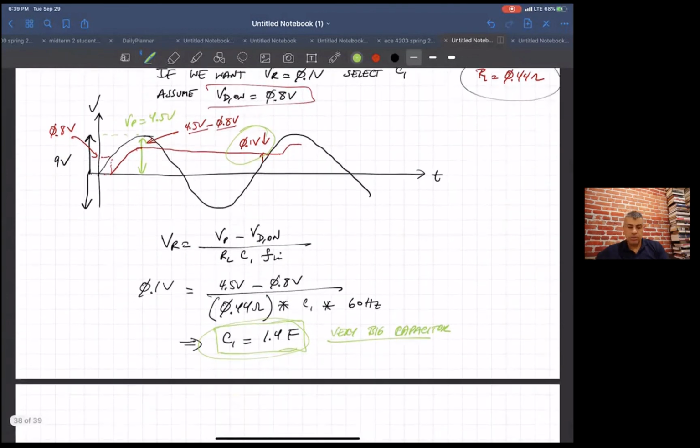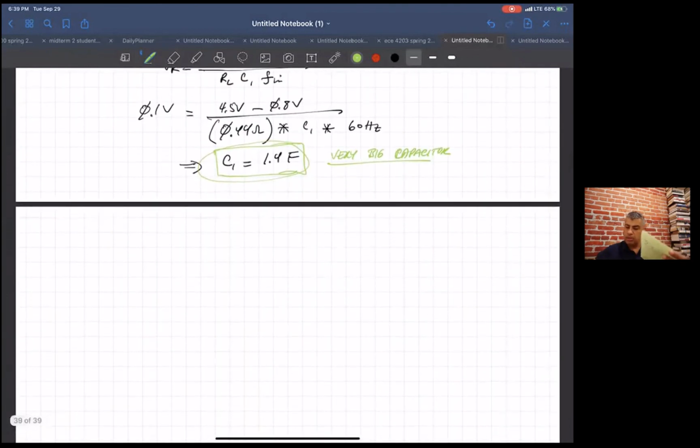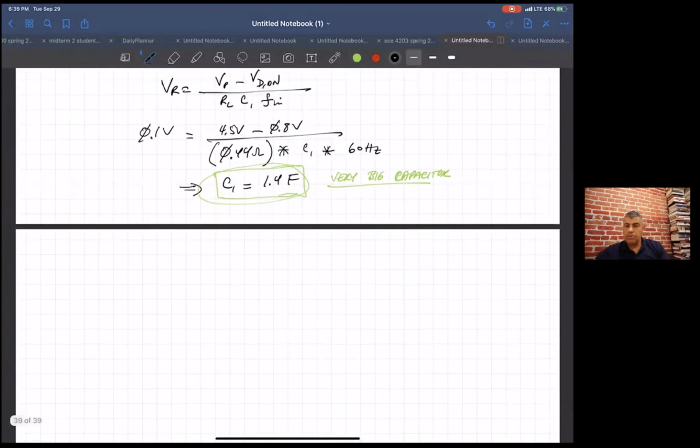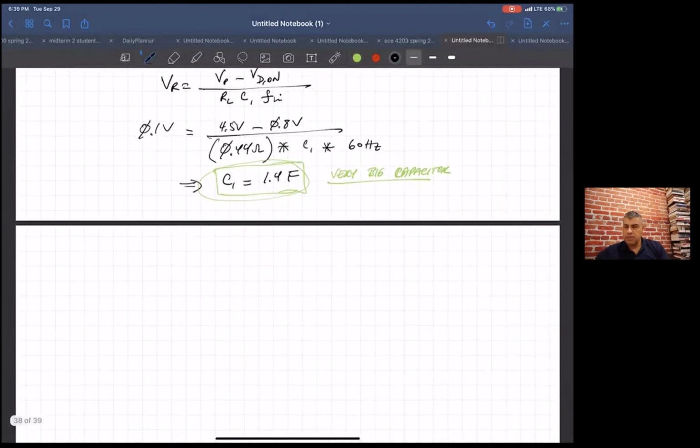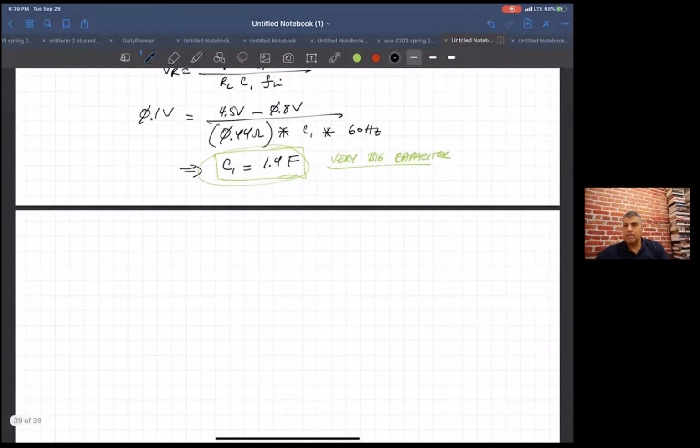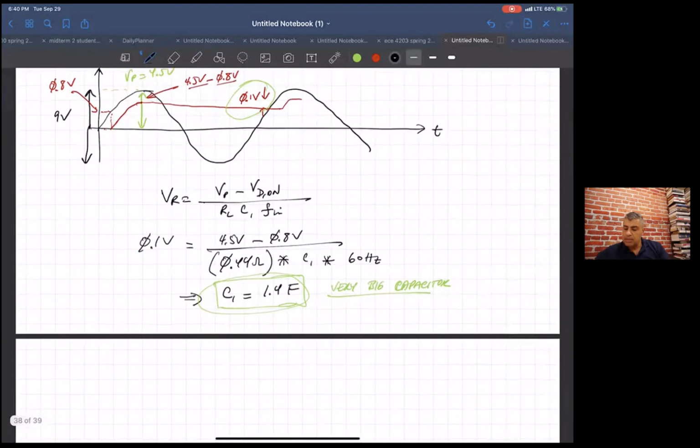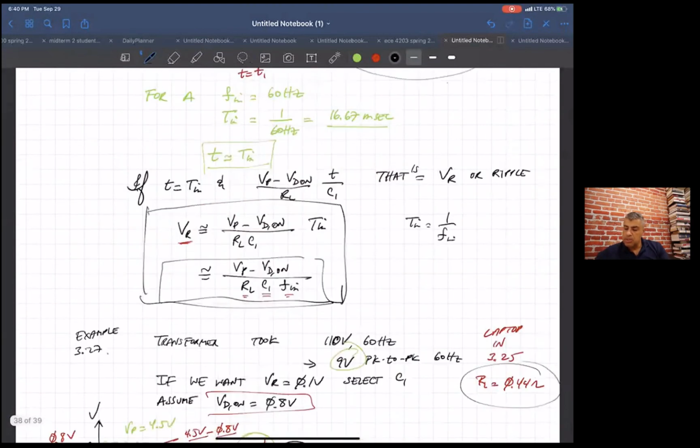Okay, so let me finish up by quickly walking through this. Everybody get that? When you look at the homework problems for these half-wave rectifiers, you always have one of these factors. Either you're looking for a particular ripple and have to decide the capacitor value, or you have a maximum capacitor value and have to figure out what kind of ripple you have. Basically, you go back to these equations.